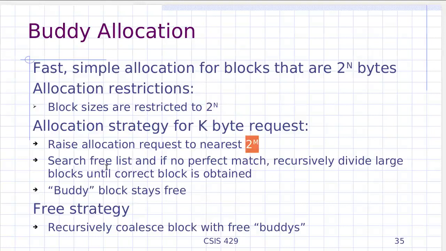Then you search the free list. If you don't find a free node that's exactly the size you're looking for, a power of 2, you take some large block and divide it recursively until you find the correct size, 2 to the m. What you end up with is a buddy block right next to it, which is free, that is, not used.